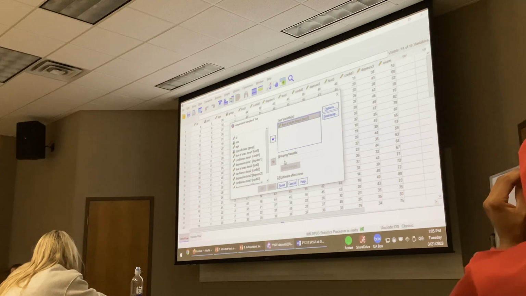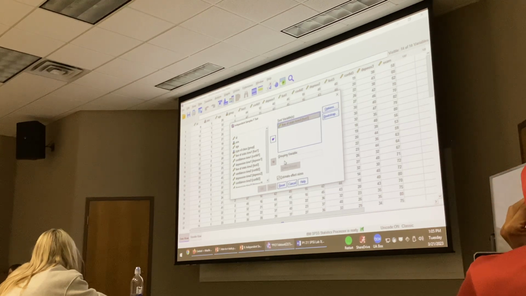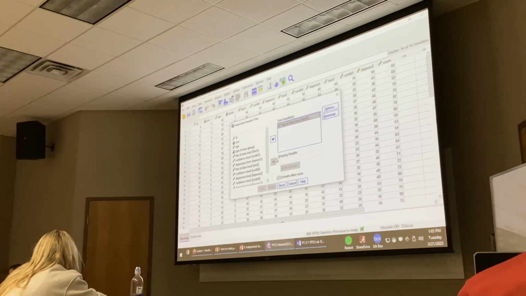What do y'all reckon our grouping variable is? Group, right? It's kind of confusing. The grouping variable is group, okay? We're trying to compare our two groups on fear of statistics at time 3. So for grouping variable, you put in group.